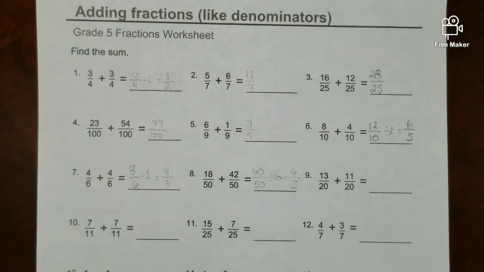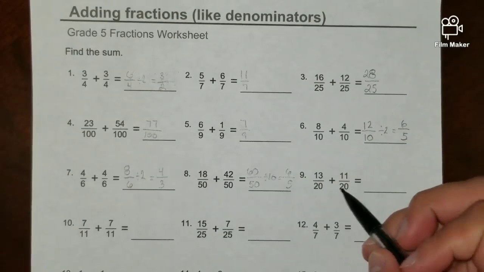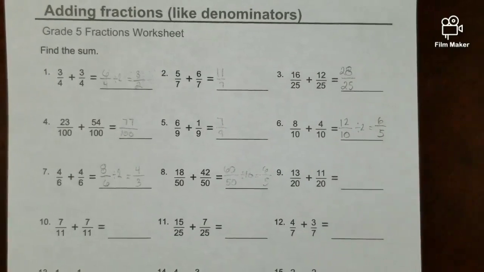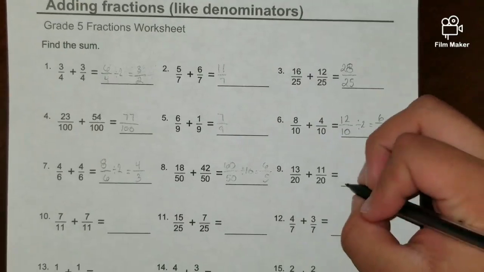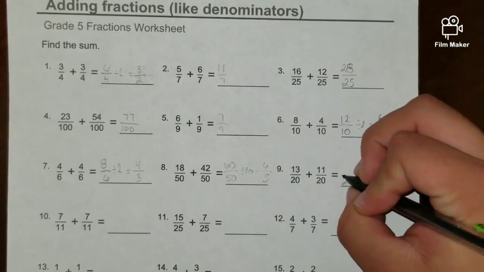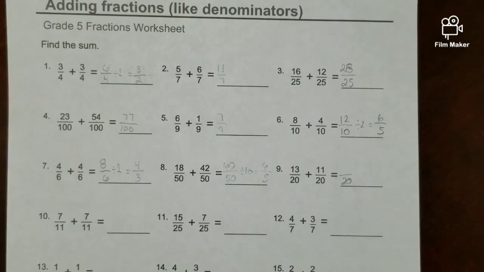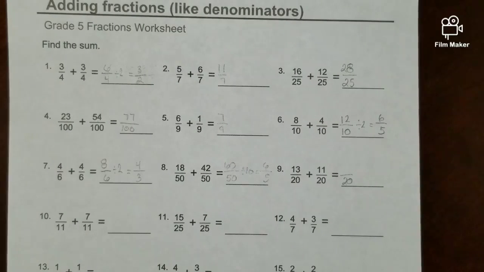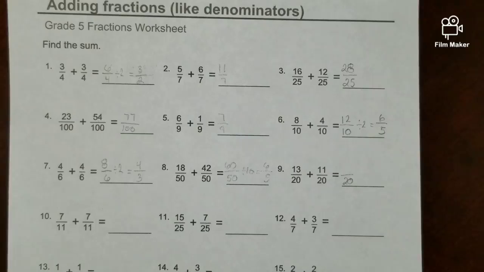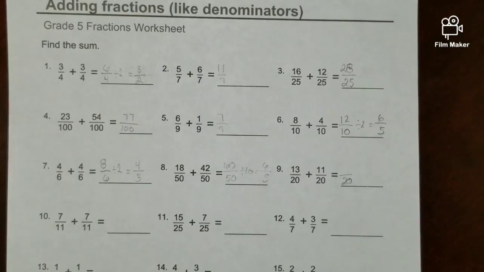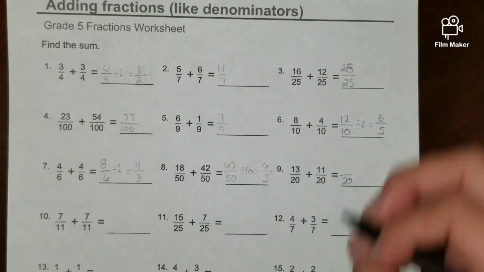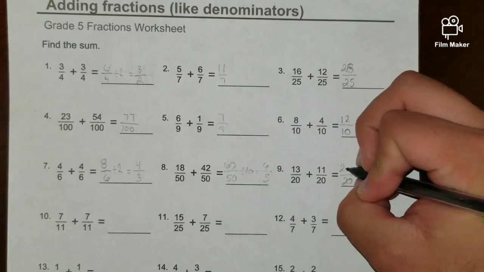For the next one, we have 13/20 plus 11/20. So we bring 20 over and we add the numerators, 13 plus 11, which will give us 24.